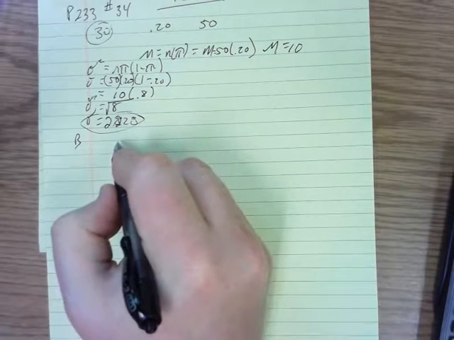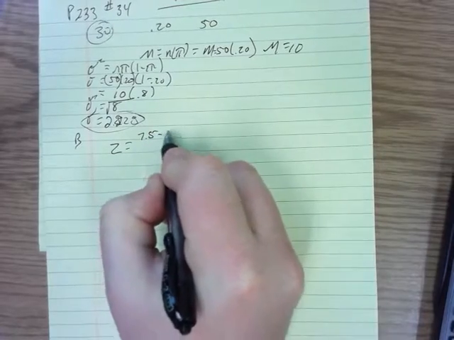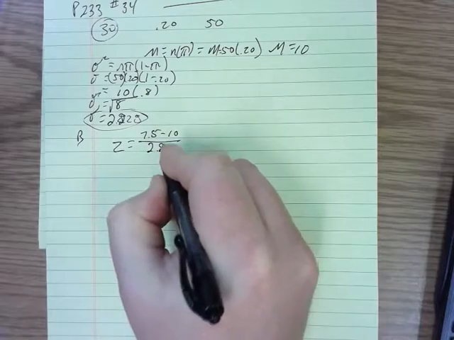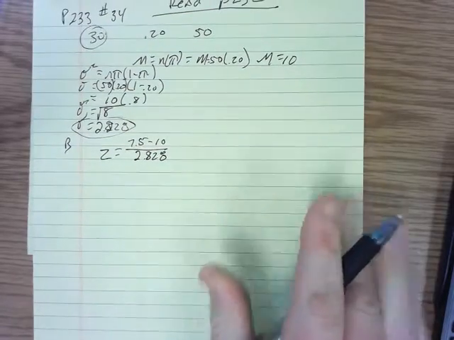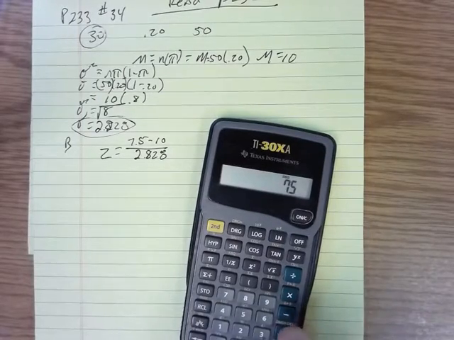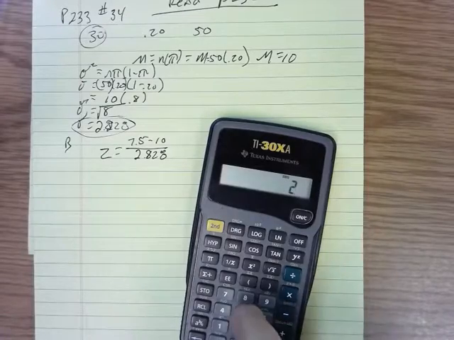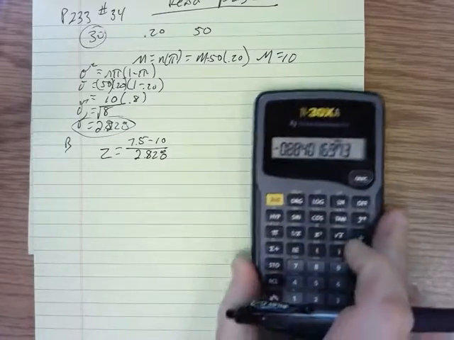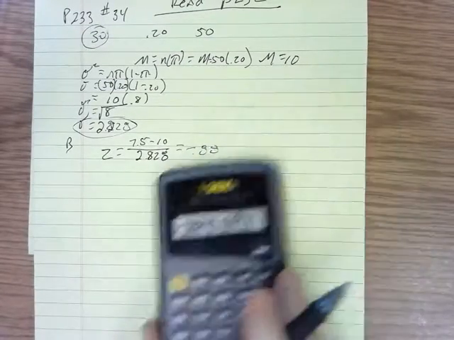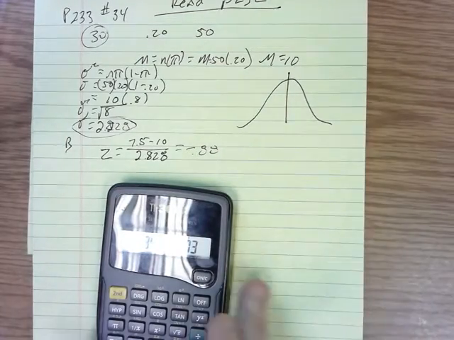So we're actually going to write that as 7.5 minus the mean, which is 10, over the 2.828. We got 7.5 minus 10, divided by 2.828, equals negative 0.88.